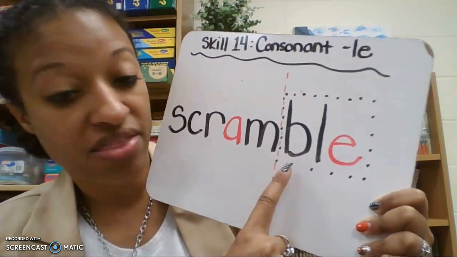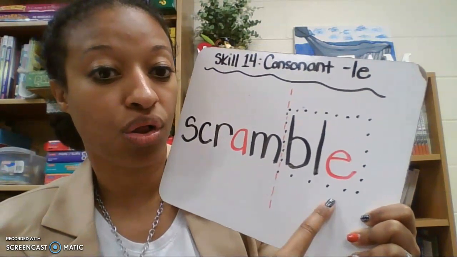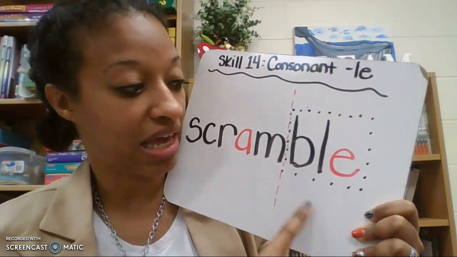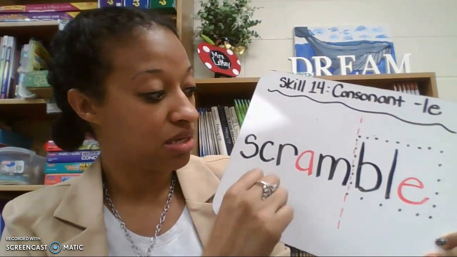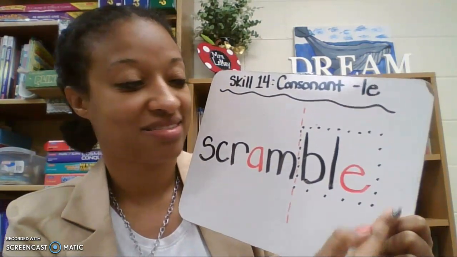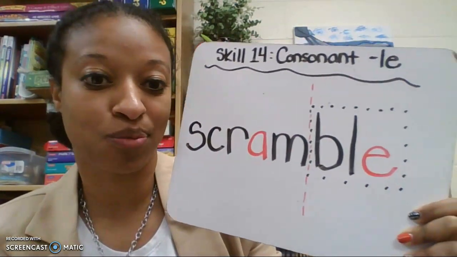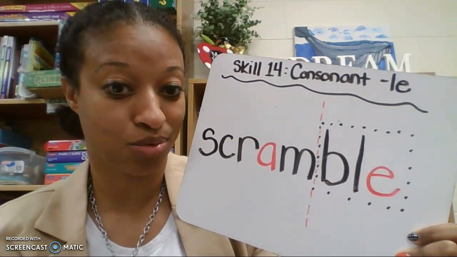It always says the consonant sound plus ul. So this is b, ul, bowl. That way we know that this is closed, scram, bull. And it's always in a syllable by itself. So that's consonant LE, skill 14 syllable pattern.